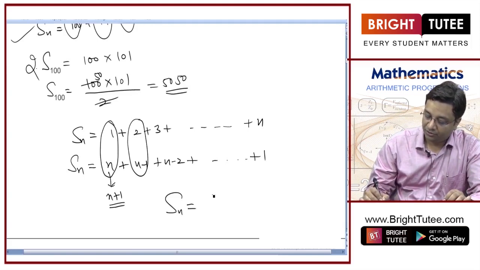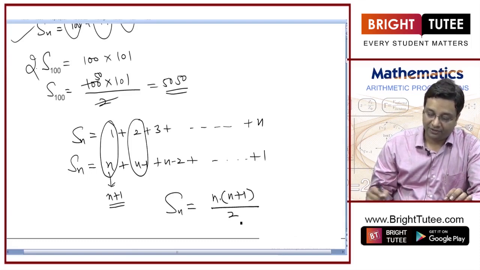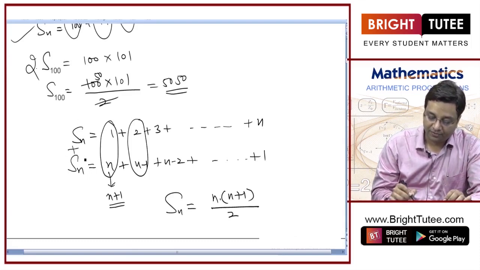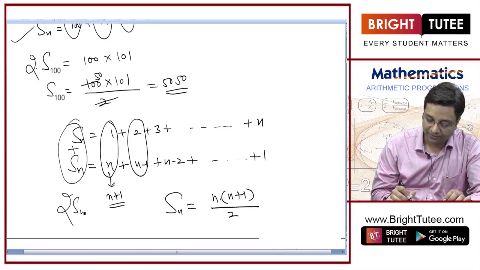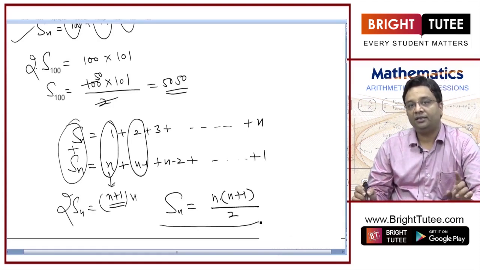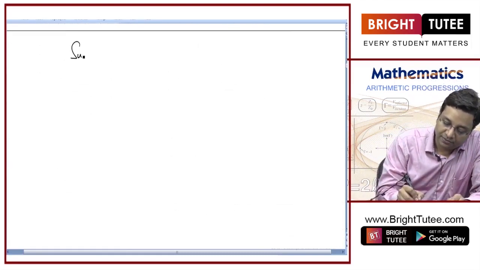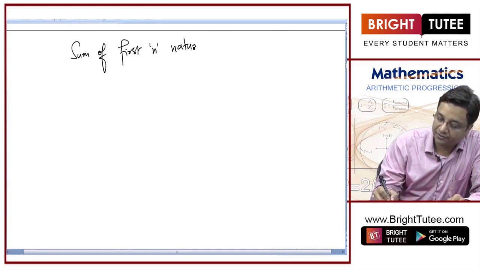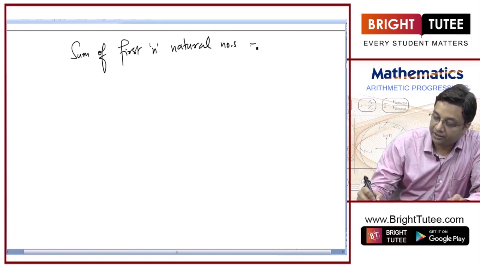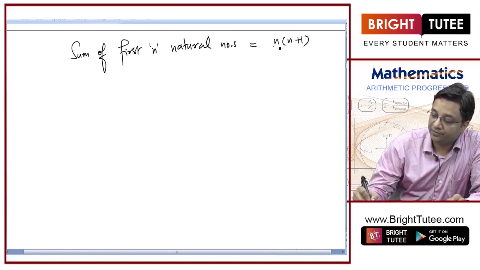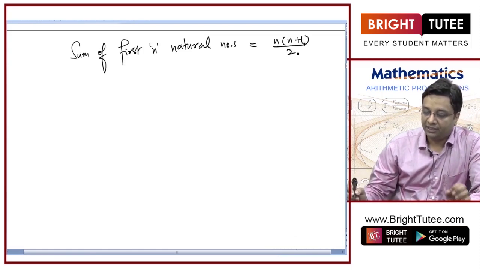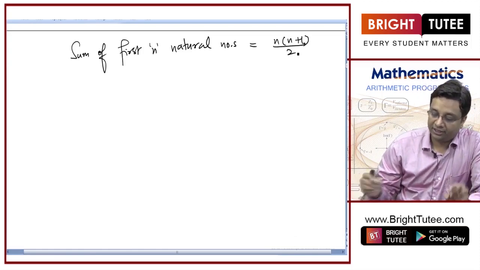We divide by 2 because it will be the sum of these two expressions, which will give me 2Sn, and 2Sn equal to n into n plus 1. So Sn will be equal to n into n plus 1 by 2. So the sum of the first n natural numbers is equal to n into n plus 1 by 2, right? This is an important formula that you need to memorize.